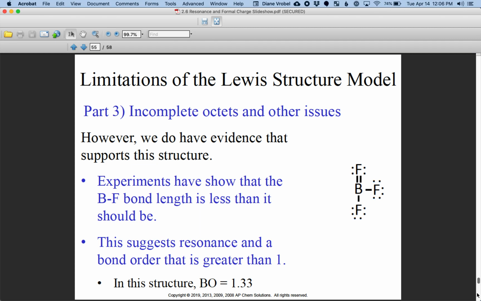Okay. In addition to that, the interesting thing is, as chemists do research, they actually find that the bond length between boron and fluorine is shorter than a single bond. And as a result, if you were to add up the bond orders for this, you would argue that this structure has a bond order of 1.33. And you could argue resonance based on the fact that there is a double bond here.